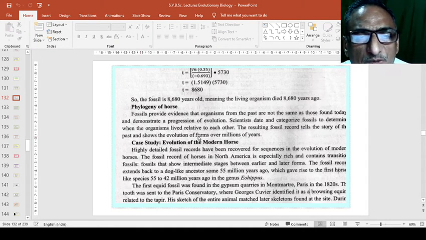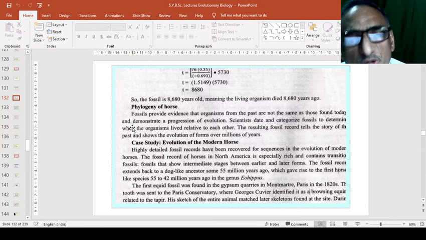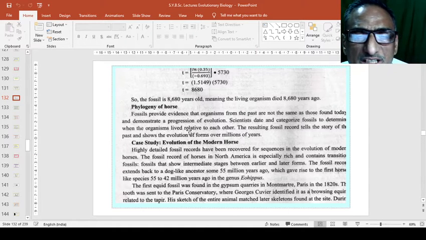The fossils we have provide evidence that organisms from the past are not the same as those found today, and they demonstrate the progression of evolution. Scientists date and categorize fossils to determine when organisms lived relative to each other, and the resulting fossil record tells the story of the past, showing the evolution of forms over millions of years.